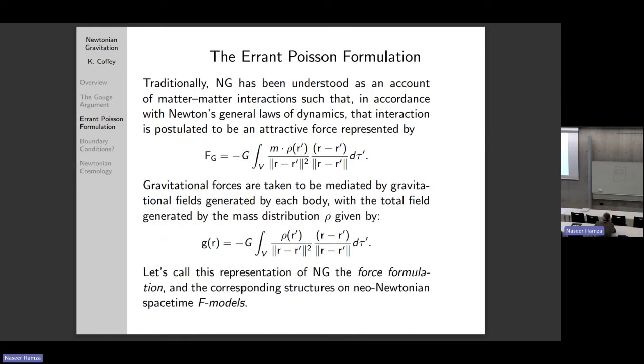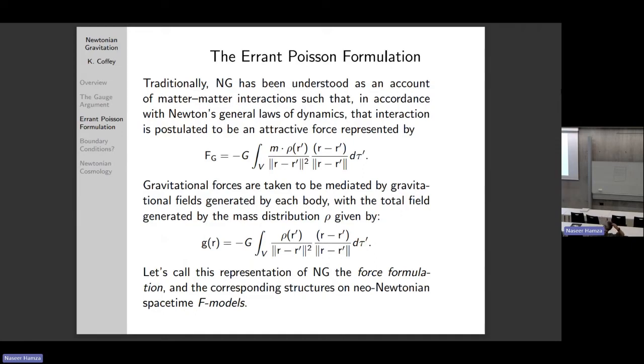And I want to call this formulation the force formulation, right? And so models that satisfy the fixed space-time structure that I have already laid out, but are not framed in terms of the Poisson equation, but instead are framed in terms of a gravitational field that accelerates bodies given by this equation, I want to call those F models, right?